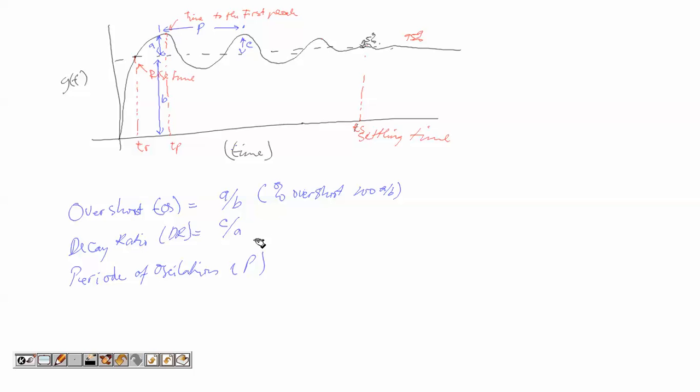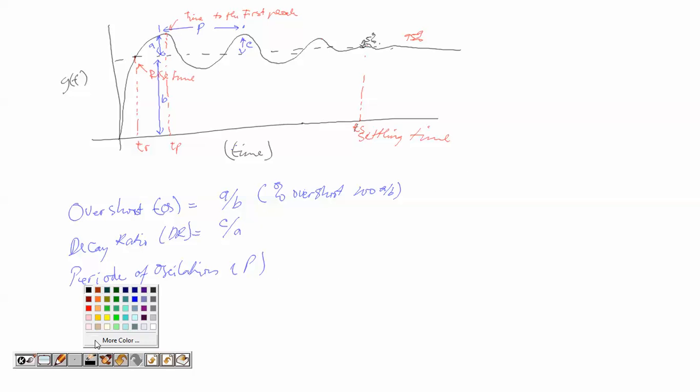Okay, from the second order transfer function, we can get some terms using the parameters of the transfer function.